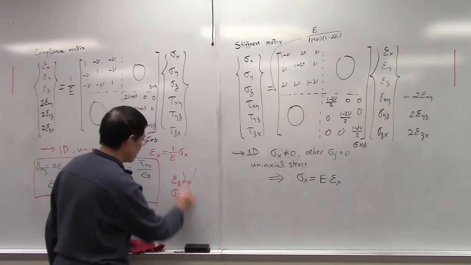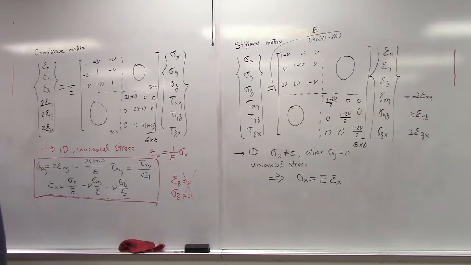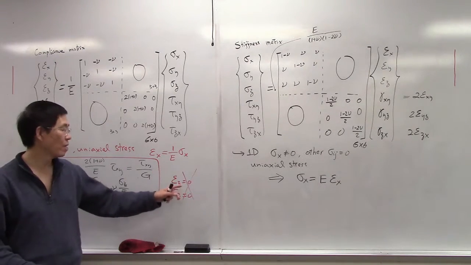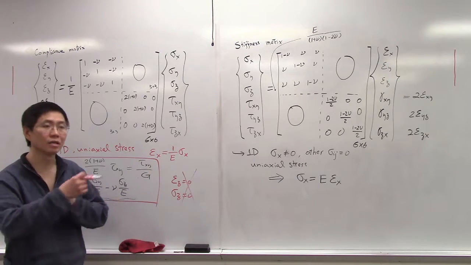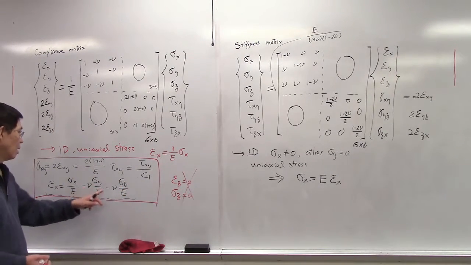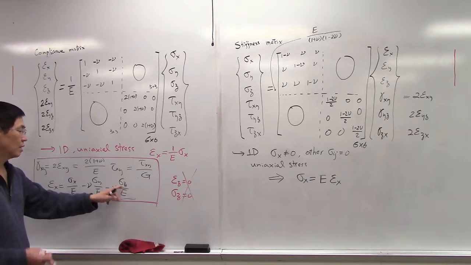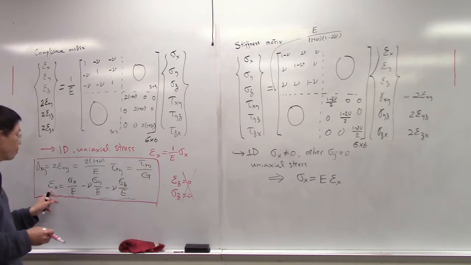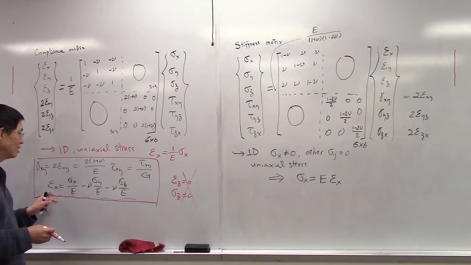This is very difficult to achieve for an elastic material when the Poisson's ratio is not 0. Because when the Poisson's ratio is not 0, there is general non-zero strain in the body. Even if in the z direction there's no normal stress, there will be normal strain in z direction.